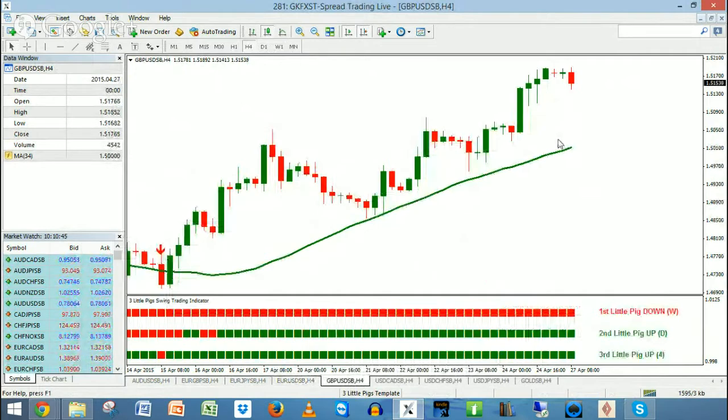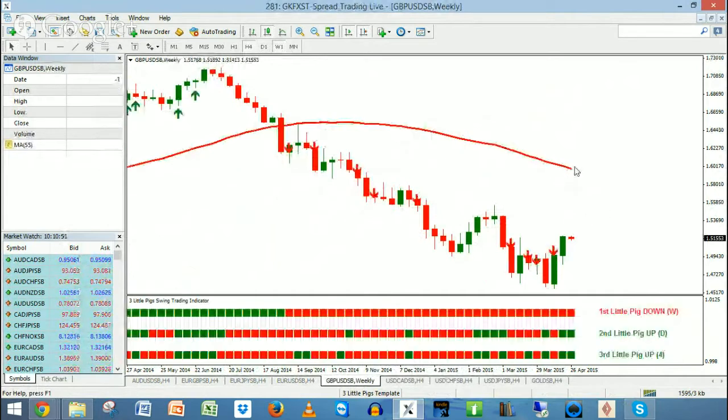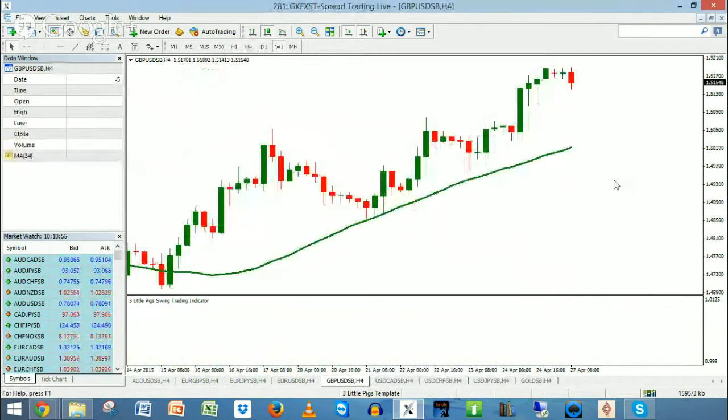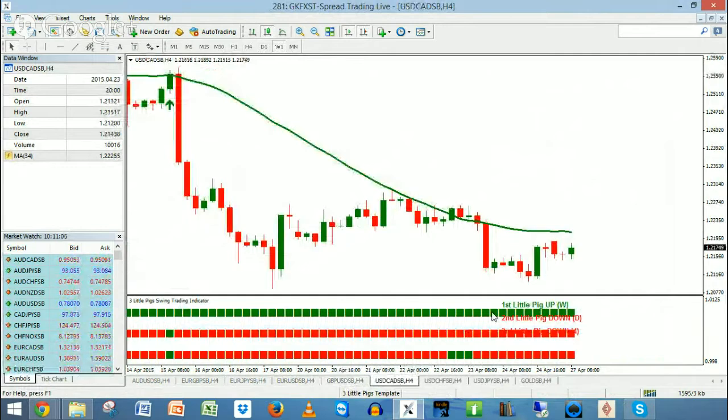GBPUSD, we're down on the weekly, and you can see once again how far away we are from the moving average. So only really be looking at taking short trades if the daily and the 4 hour roll over. We won't get anything on the long side unless there's some disaster. USDCAD, this is obviously the inverse of the EURUSD, because USD is the first currency here.